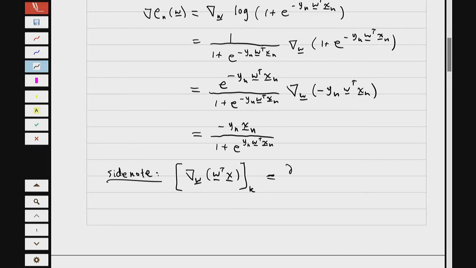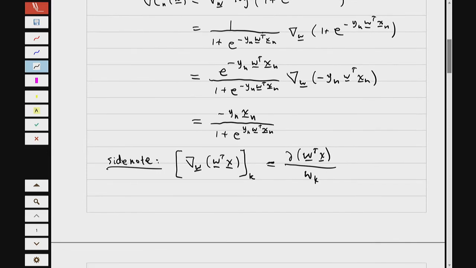So this is the partial derivative of this inner product with respect to wk. Okay. What is this equal to? Anyone? Everyone should be able to tell me, right? This is high school stuff, if you understand your inner products well. What is this equal to?